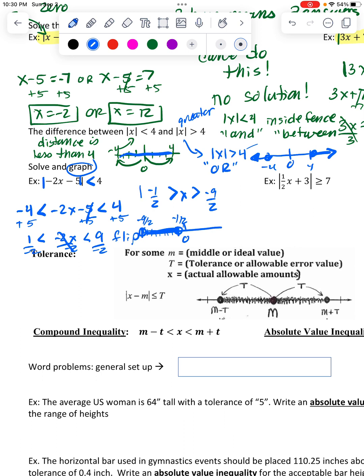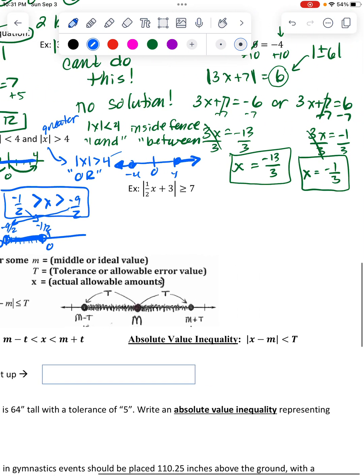So again, whenever you flip, you got to kind of slow down a little bit and think about what you're doing, because the numbers end up in wonky spots. For example, here the negative 9/2 is on the right in this statement, but it's on the left in the graph paper. So you just have to kind of be conscious of that as you go. This is also greater, and so I would think a greater.